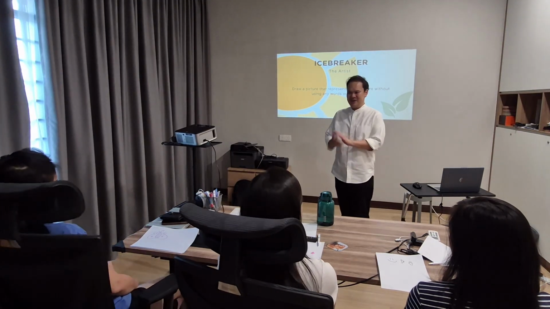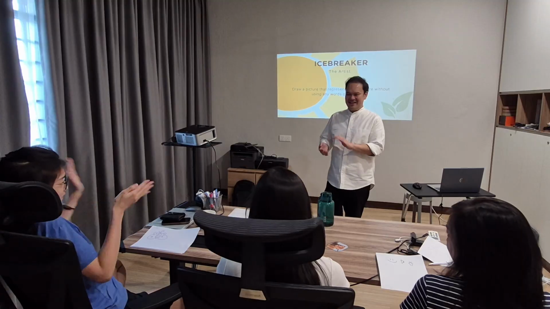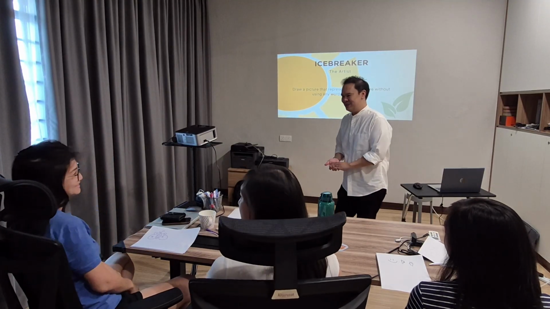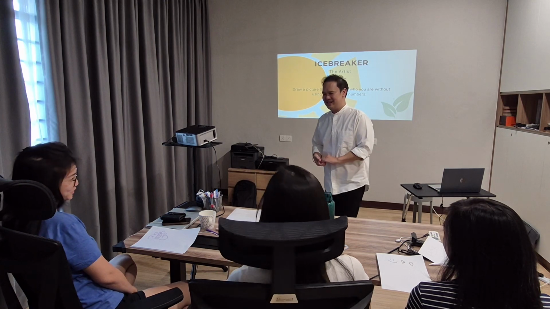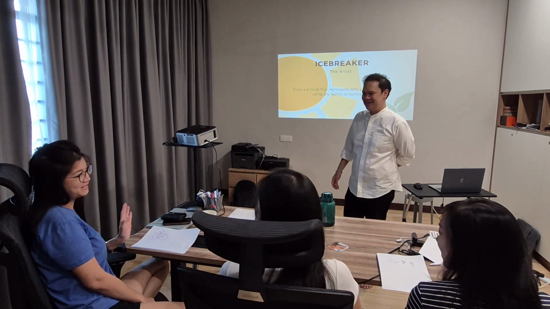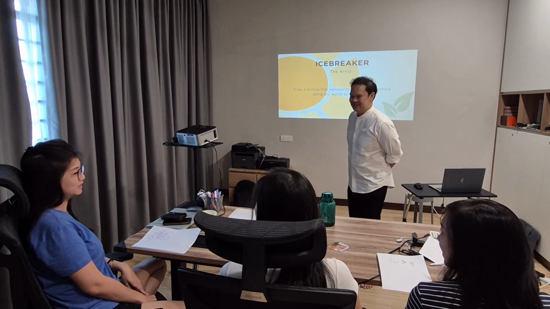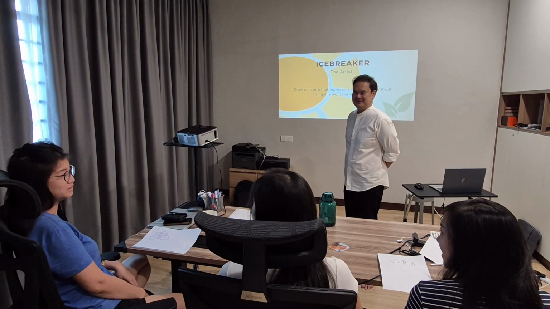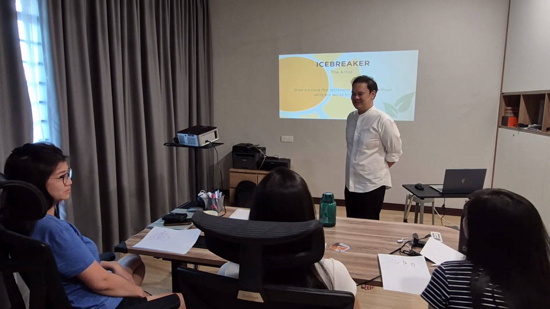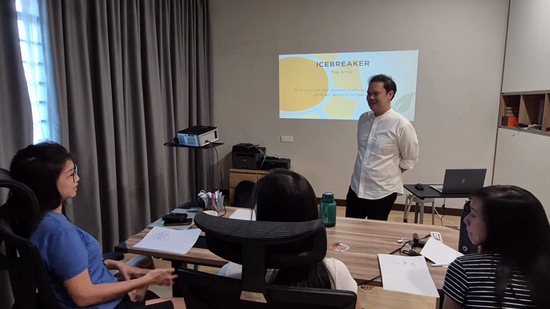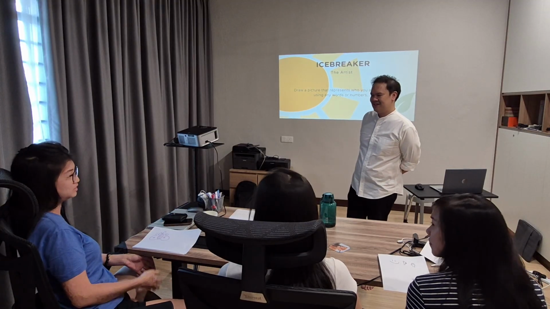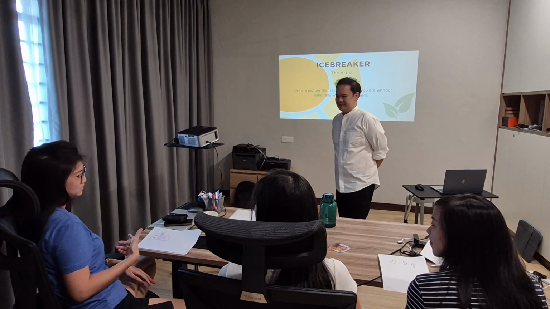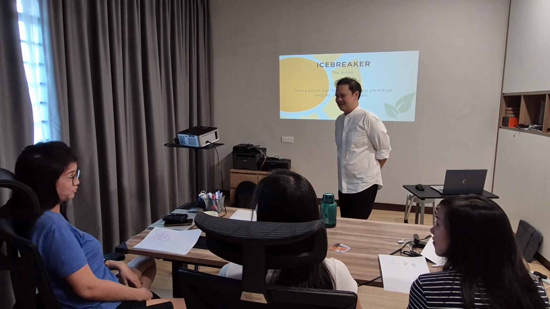Okay, that's good. Everyone give a hand to the next, again, what do you do? What's your name? And why are you here? Hi, I'm Ching Mei. I'm working in a bank. I'm doing compliance. I'm also assigned by my company to come to join this class. The main reason is my boss wants me to learn how to work better with my colleagues.